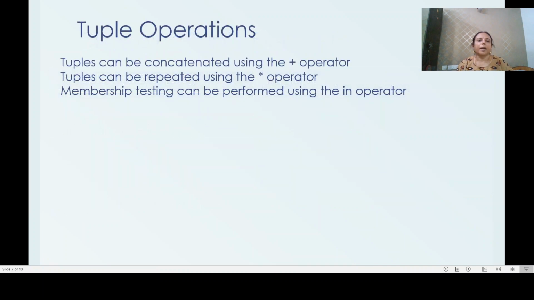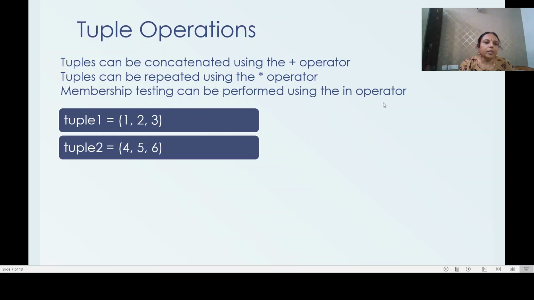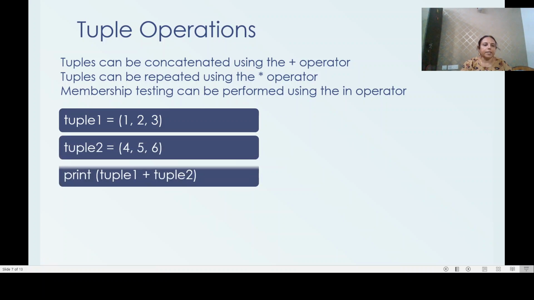Now, tuple operations means you have several operations you can perform with a tuple, which are concatenation and repetition. Also you can do membership testing using the in operator. Plus, star and in operator. So look at this. We have two tuples and we need to combine them. So tuple 1 plus tuple 2.